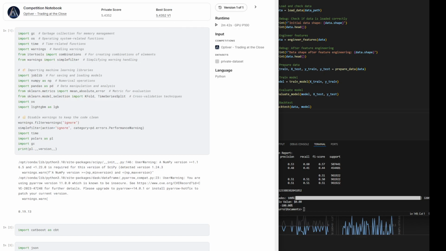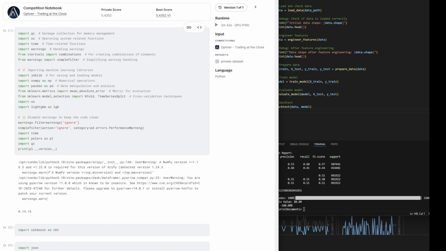This one, I was looking at the submissions here of some old competitions. This one was the Optiver Trading at the Close competition, and you can see they're using all sorts of machine learning here. K-fold, time series splits, like GBM, sklearn.